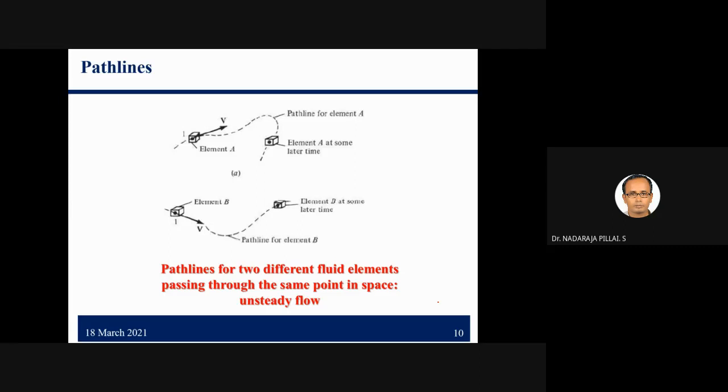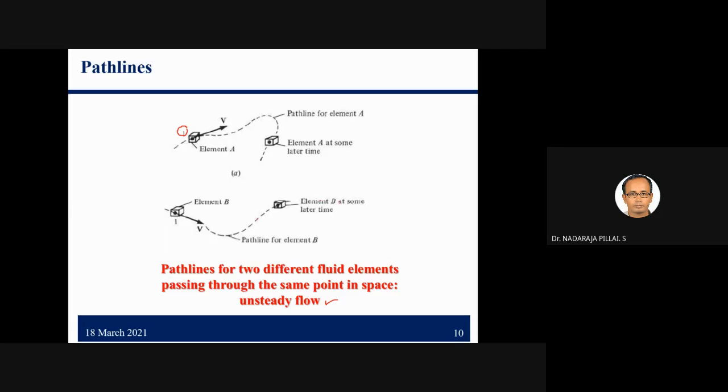So let us consider an unsteady flow, right? Here, let us consider an unsteady flow, and there is a fluid element 1, okay?